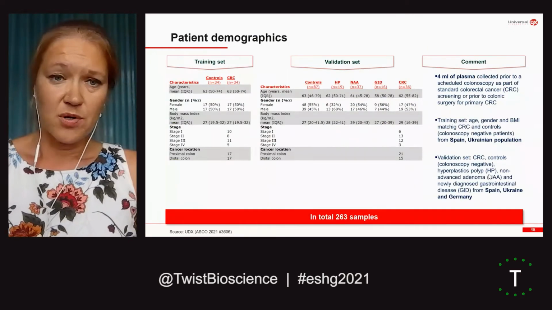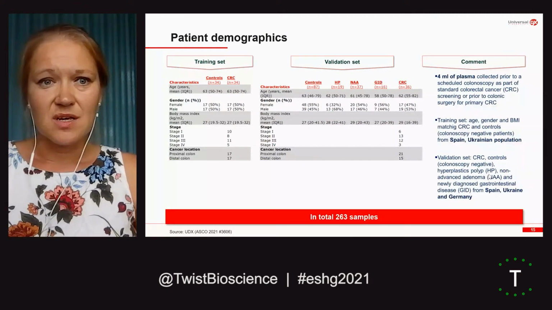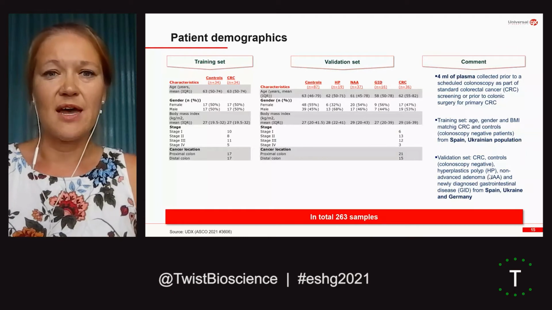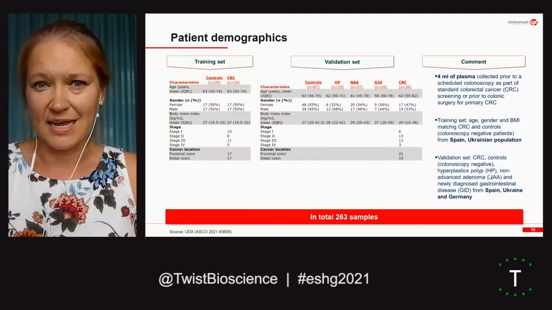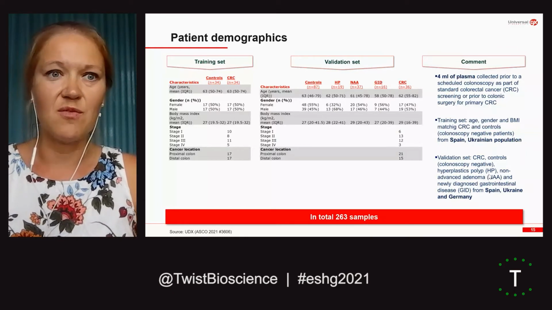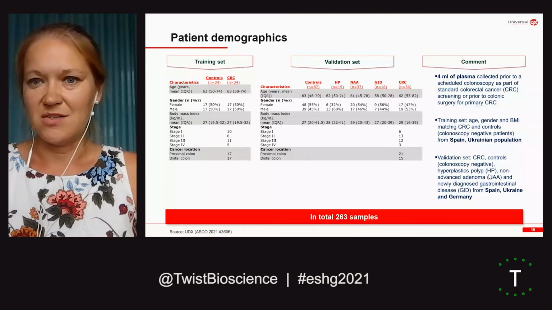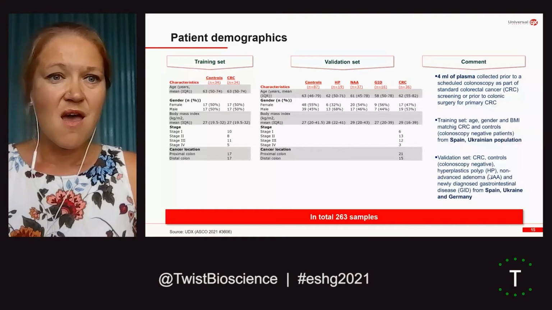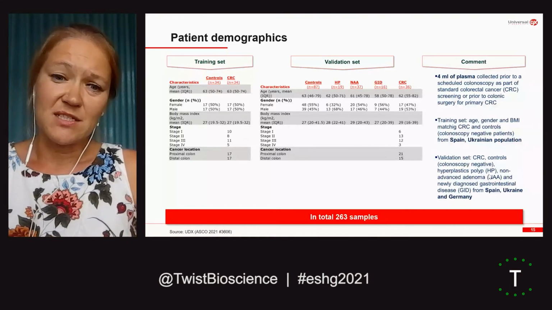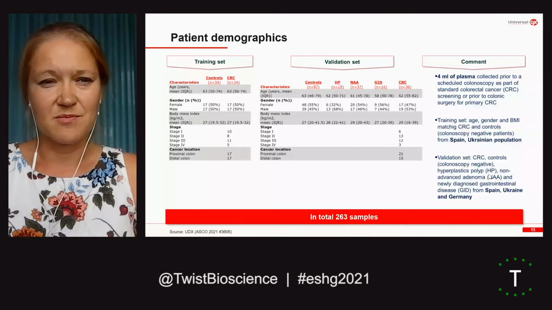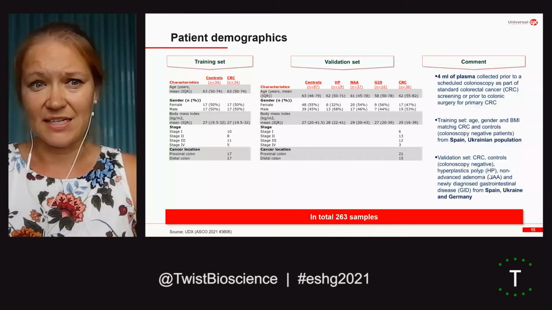So this kind of approach has been used in our hands for developing our model for early colorectal cancer detection. So we have our targets, we had our panel, and by doing the analysis on 4 milliliters of plasma, we had a patient cohort of 263 patients that was separated into training set and validation set.